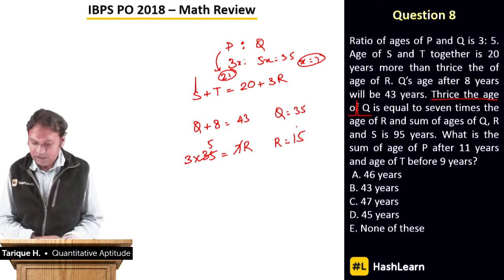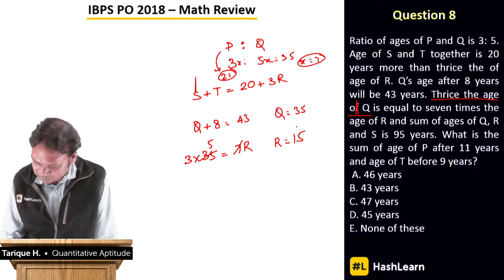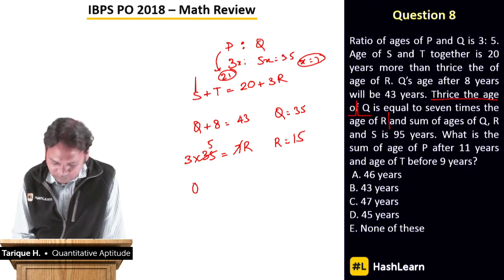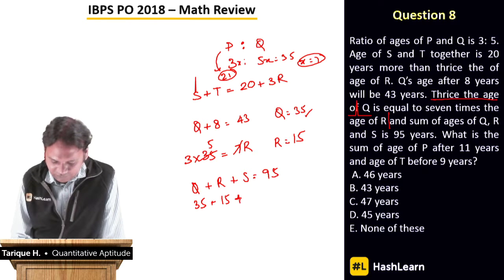Thrice the age of Q is equal to 7 times the age of R, and the sum of ages of Q, R and S, so Q plus R plus S is 95 years. We know R is 15 and Q is 35. 35 plus 15 is 50. So 50 plus how much should S be? 45. So S is 45.